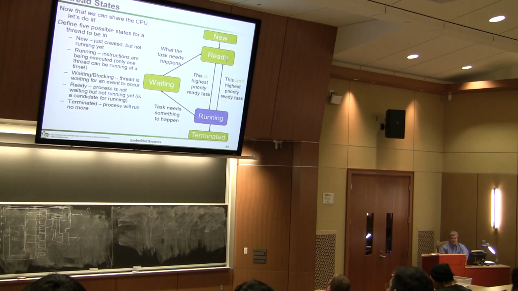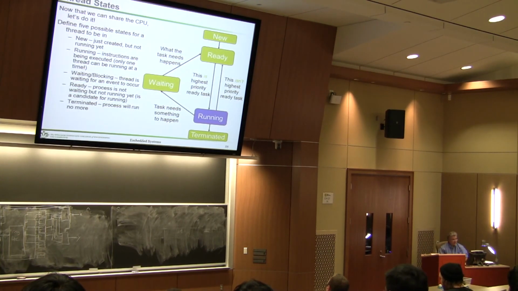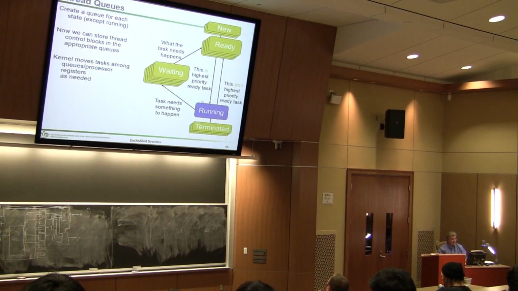Now a thread may be running and then it's done. It's done everything it was meant to do, so it can be switched to the terminated state. So these are the main thread states that you need to worry about.